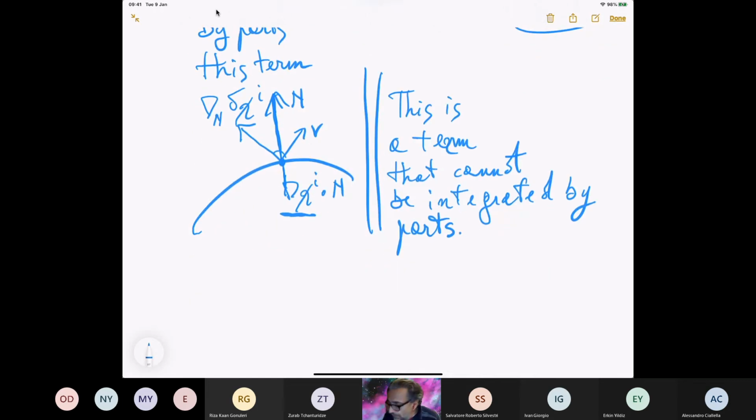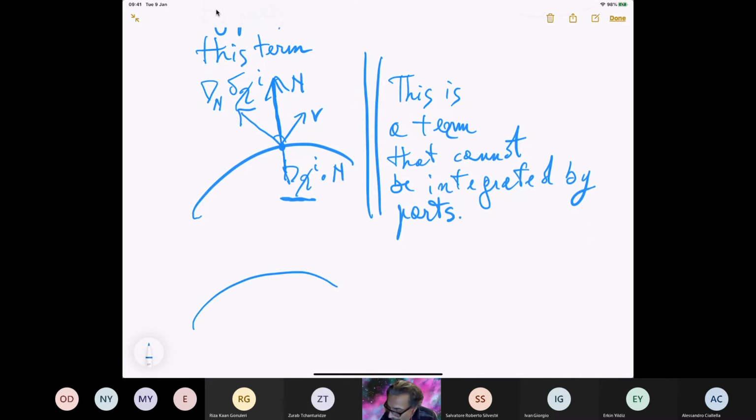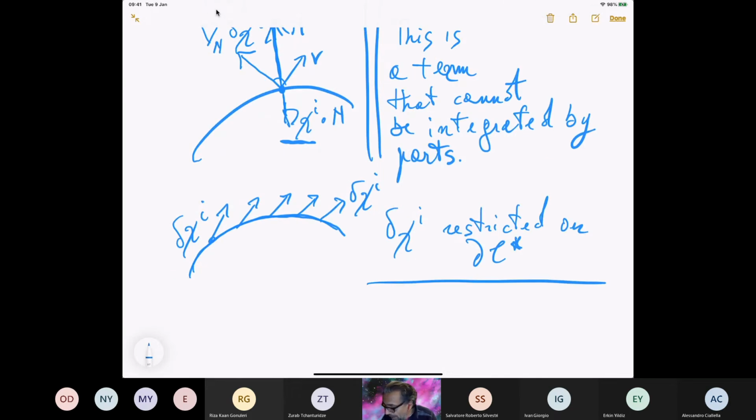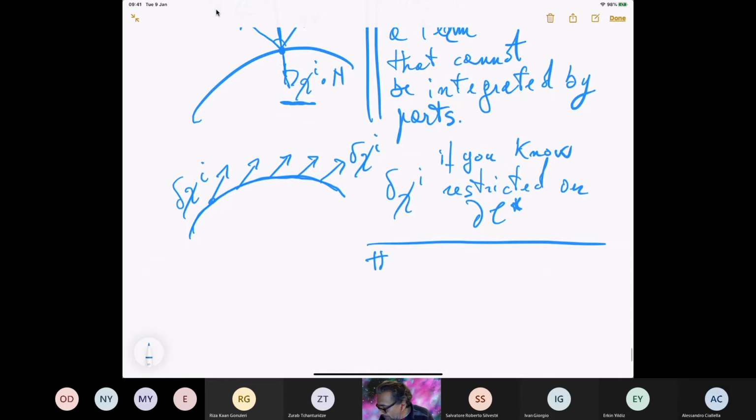Maybe it is worth to make a discussion like this. If I know delta Ki restricted on the boundary of C star, so you know delta Ki here. This is the field delta Ki. Then, if you know delta Ki restricted on the boundary, you know the parallel gradient of delta Ki.